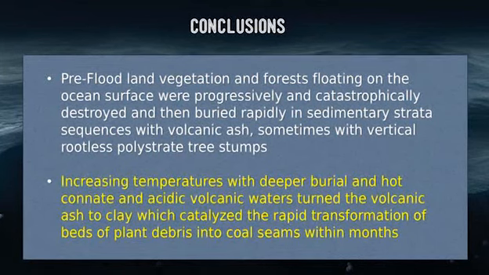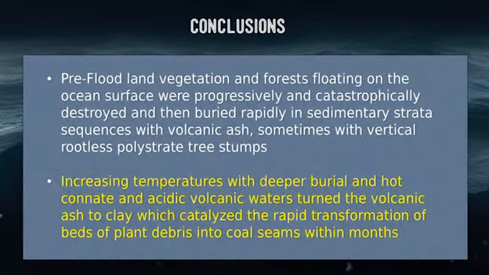Pre-flood land vegetation and forests floating on the ocean surface were progressively and catastrophically destroyed and then buried rapidly in sedimentary rock layer sequences with volcanic ash, sometimes with those vertical, rootless, polystrate tree stumps, indicating that rapid burial. Increasing temperatures with deeper burial and hot waters from volcanoes and hot trapped waters that were acidic from the volcanic activity turned the volcanic ash to clay, which catalysed the rapid transformation of the beds of plant debris into coal within months.